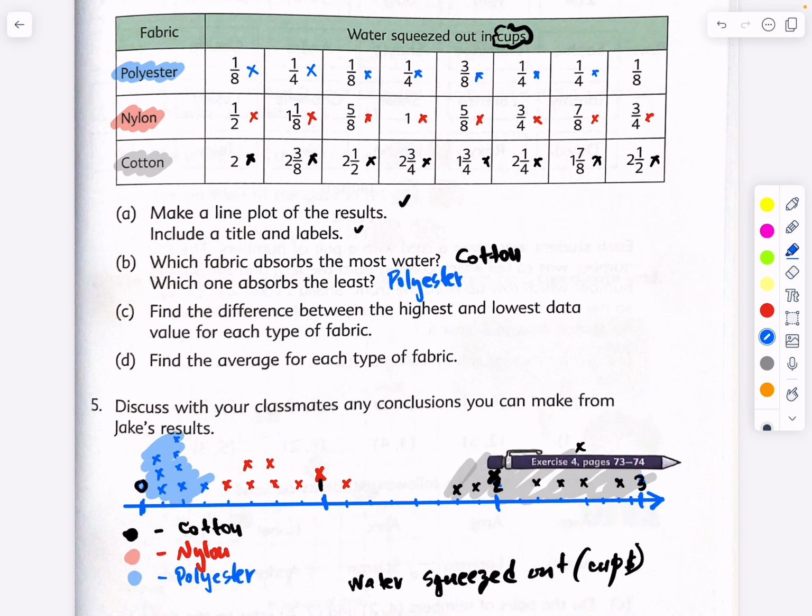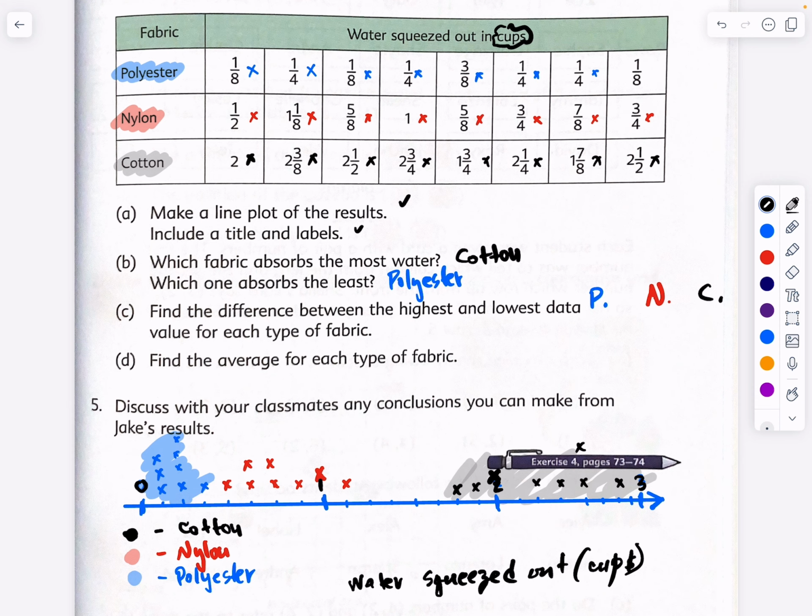Find the difference between the highest and lowest data for each fabric. Well, we can use the data, the table, or we can use the number plot. So we have each fabric. So we have polyester, we have nylon, and let's use black for cotton. Let's build a table.